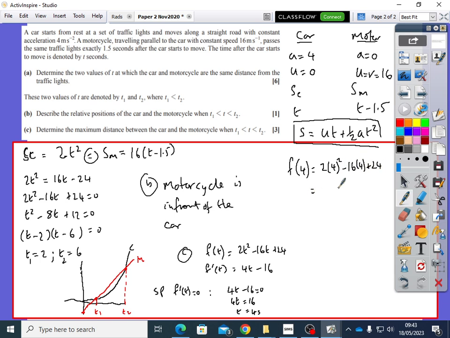So you're going to get 2 times 16 is 32, minus 64, plus 24.